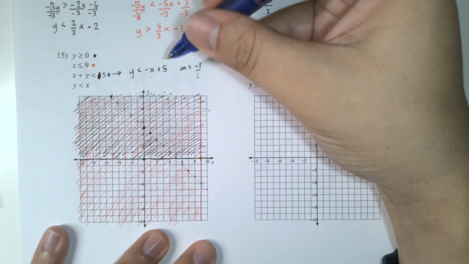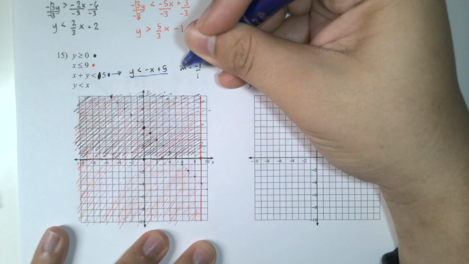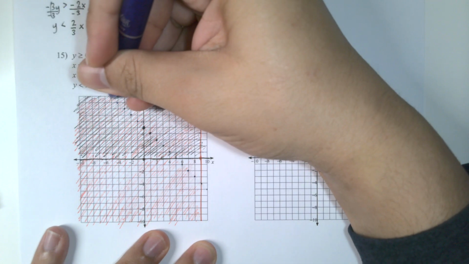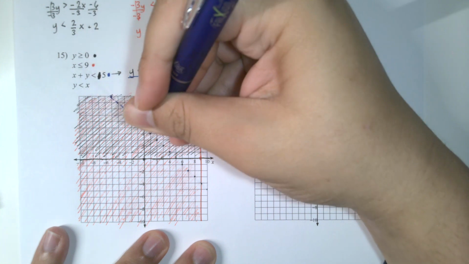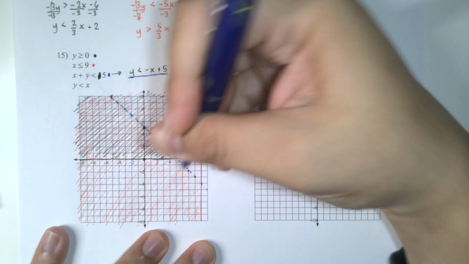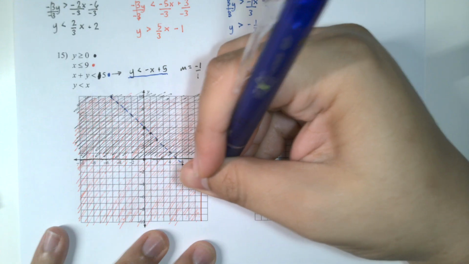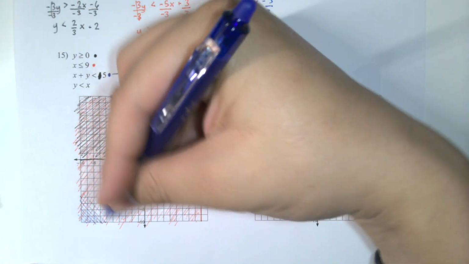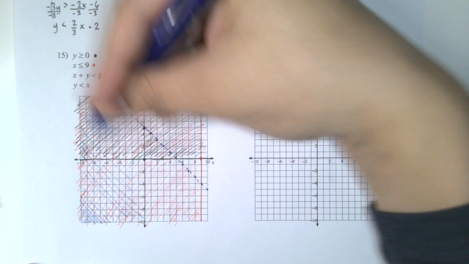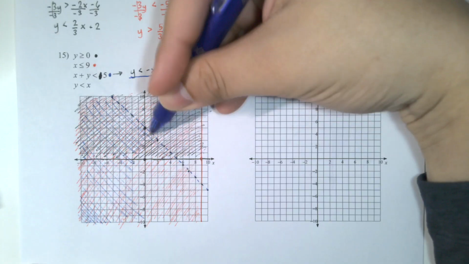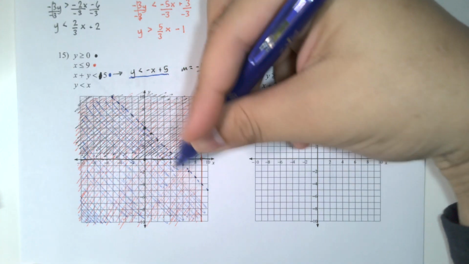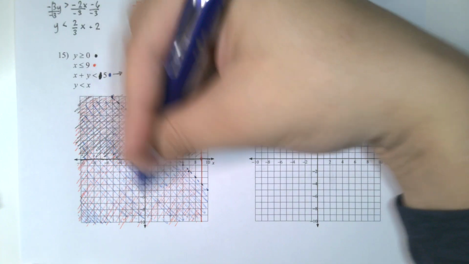But in blue here, this is going to make a dotted line because we have the less than but not equal to, and it's going to shade everything below because this is less than. So everything over there is now shaded below.